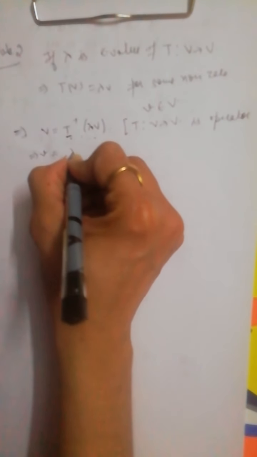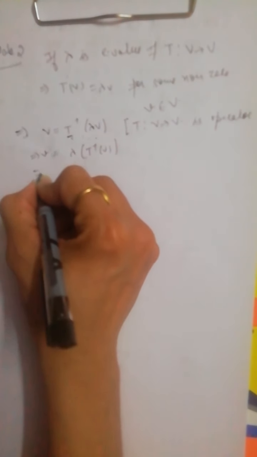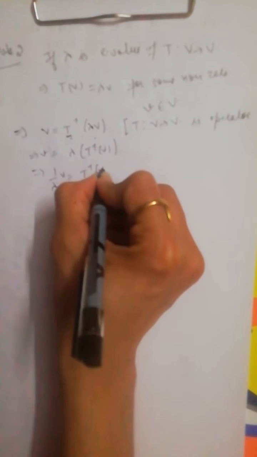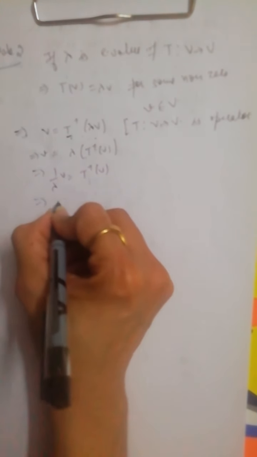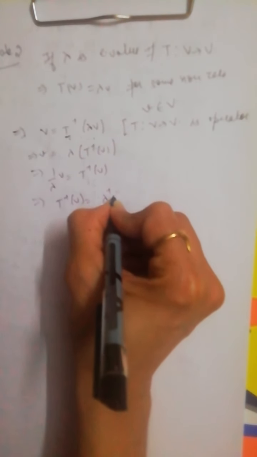That means v is equal to lambda into T inverse v. That means 1 by lambda into v is equal to T inverse into v. That means T inverse v is equal to lambda inverse v.